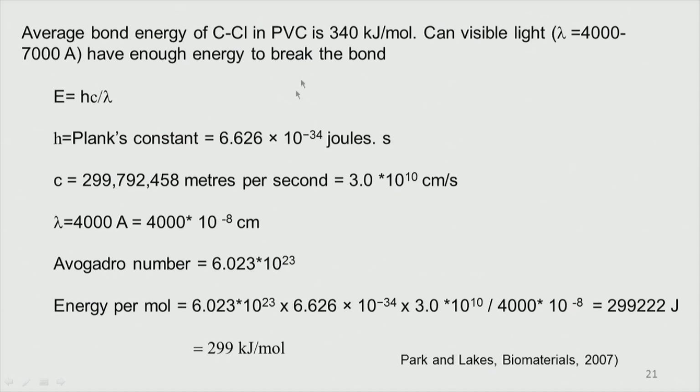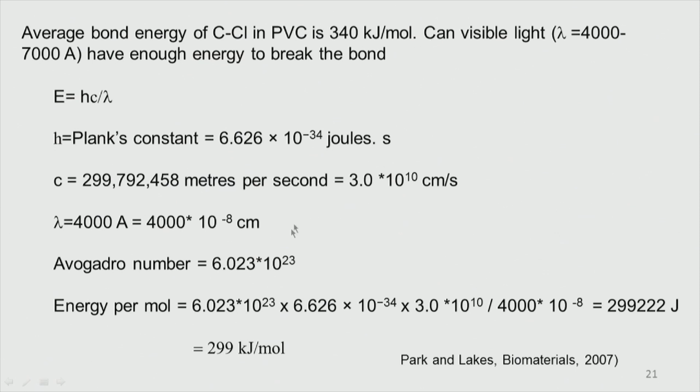So, energy per mole is 6.023 into 10 power 23, 6.626 10 power minus 34, c is 3 into 10 power 10 divided by lambda 4000 10 power minus 8. So, that gives you 299,000 joule or 299 kilojoule per mole. So, which is not enough, okay.